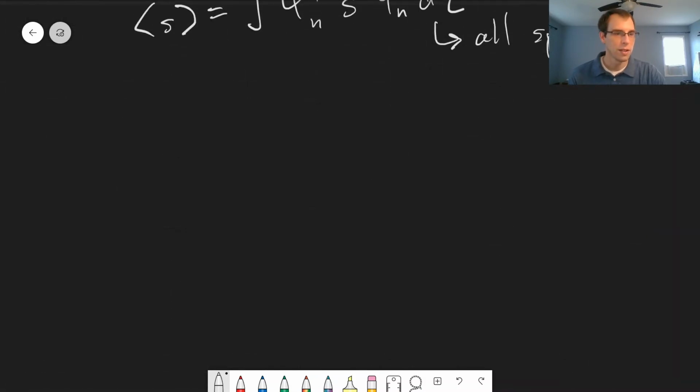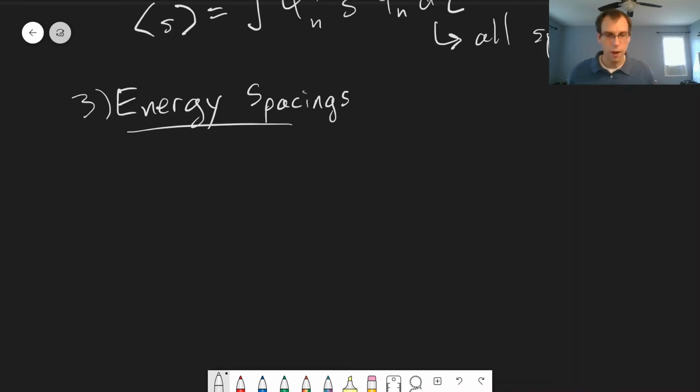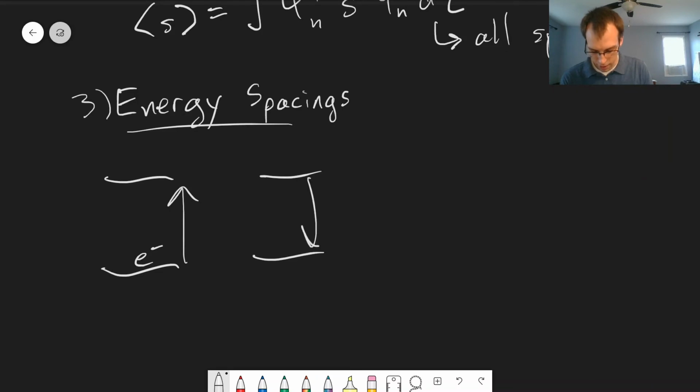Something else that we can look at is energy spacings. This is our third concrete thing we can get from the values that we have. So what is the description of the energy spacings? What that can tell us is how much energy it takes to, say, take an electron in our particle in a box up to a higher energy level, or if it's in an excited state, how much energy it will release when it goes down.